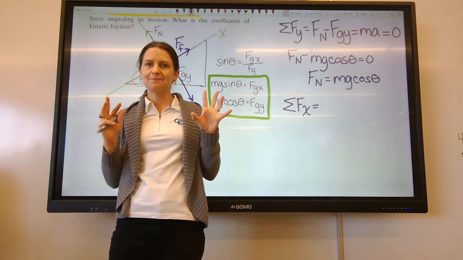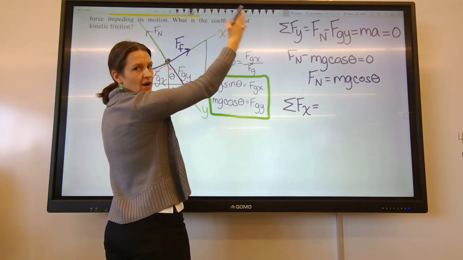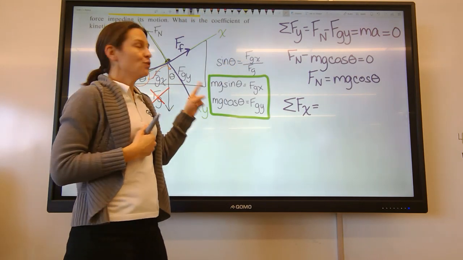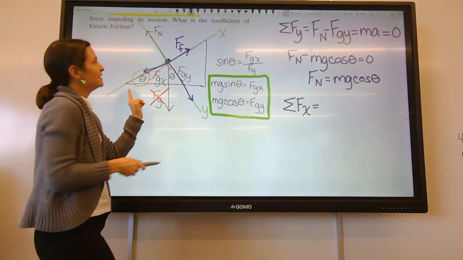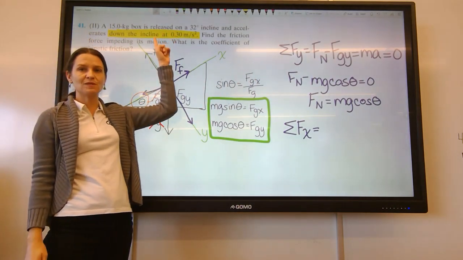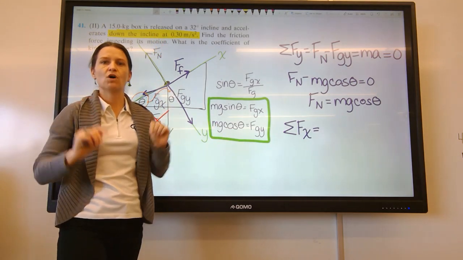Usually we think of to the right as positive and to the left as negative. If I did that, realize Fgx would be negative, but so would this a. This a would have to be negative 0.3. So if I do that, that's fine. It will all work out.